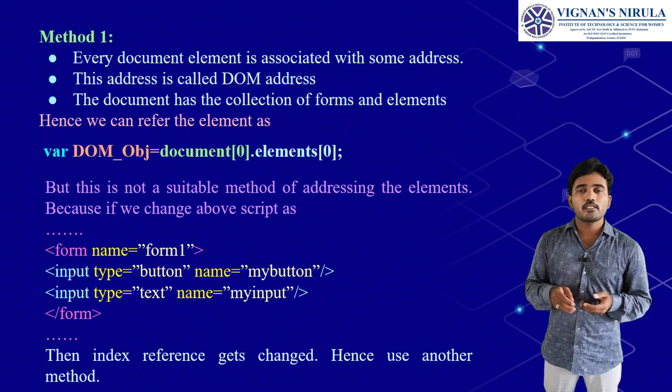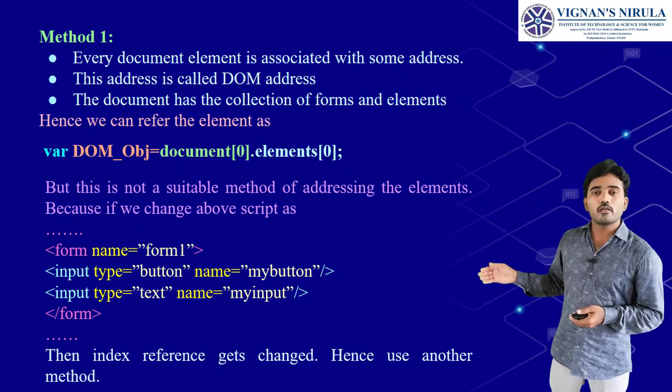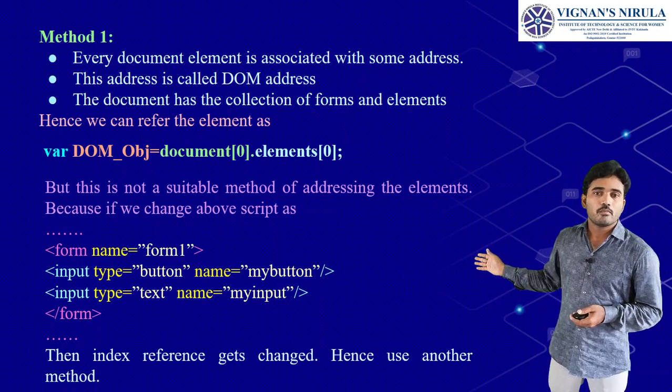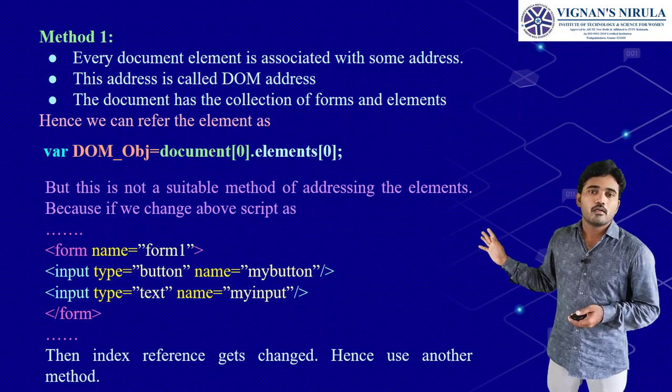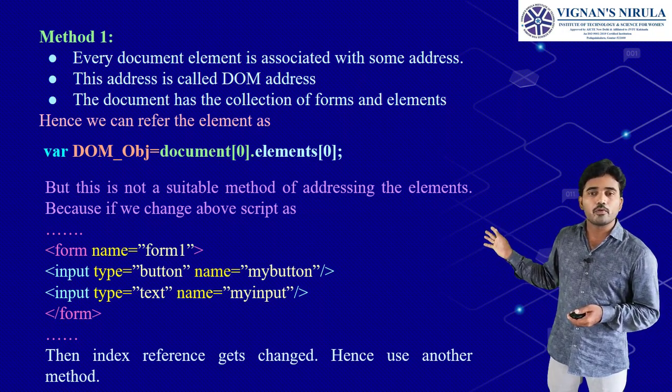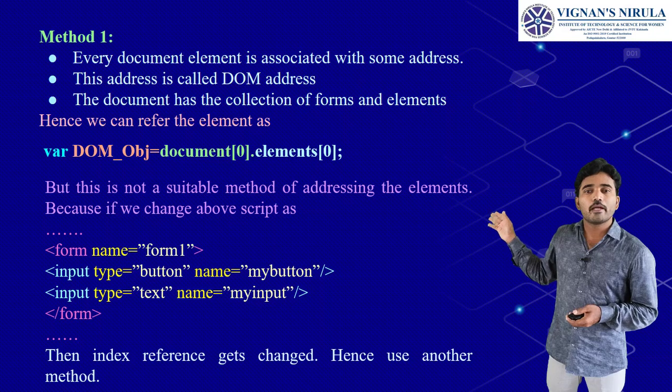But this is not a suitable method of addressing elements, because if we change the previously used script, one more element is introduced. Previously I used only one input, of type text, with name my input. Additionally, one more input is added, of type button, with name my button.